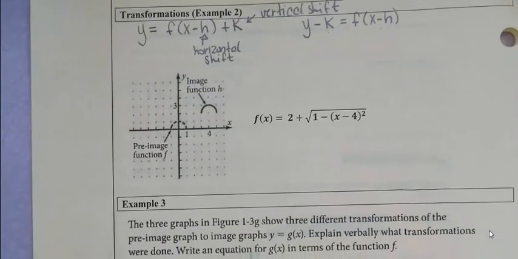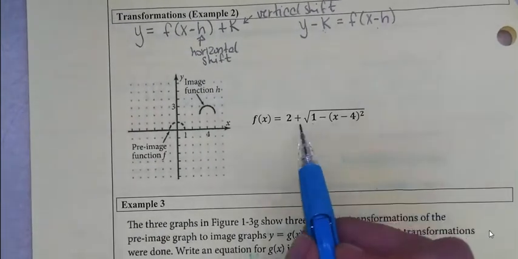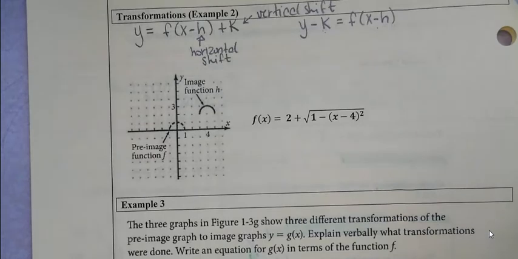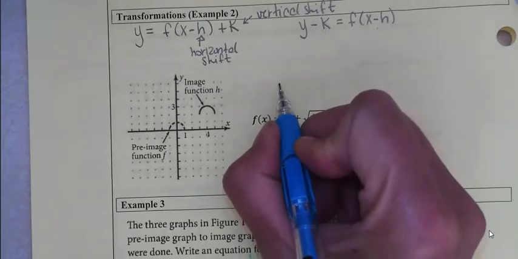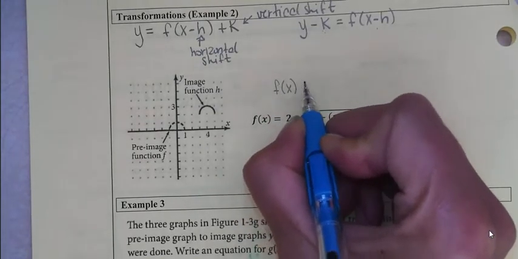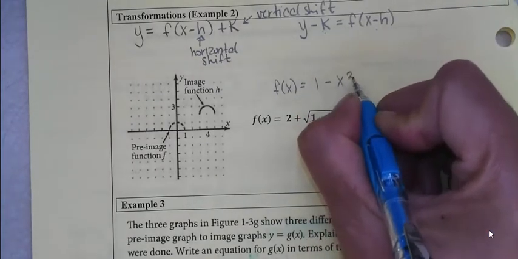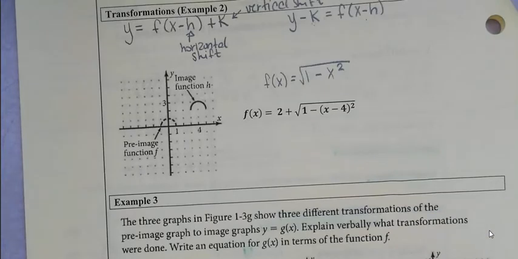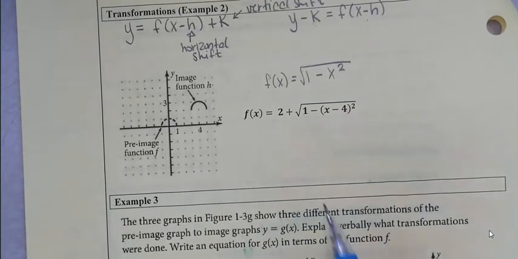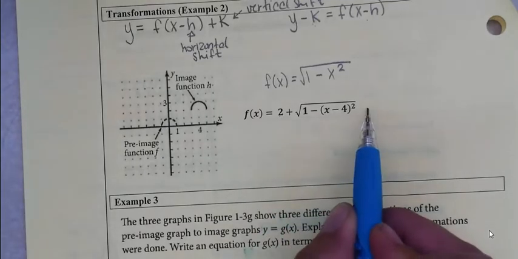Okay, so looking at this function, still the same exact parent function. Just as a reminder, I know that's on the other side, but our parent function was this. So what have we done? Well, notice now the k is not on this side.